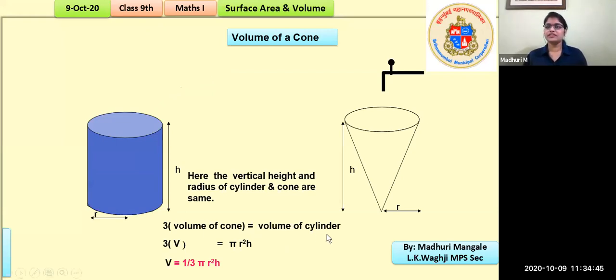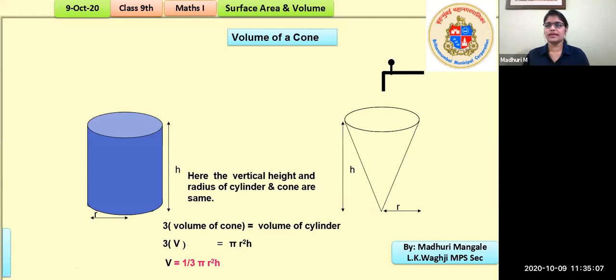So we already saw that the volume of a cylinder is pi r squared h, and here 3 times the cone is equal to the volume of the cylinder. So this 3 is in multiplication over here. It moves to the other side and becomes division.